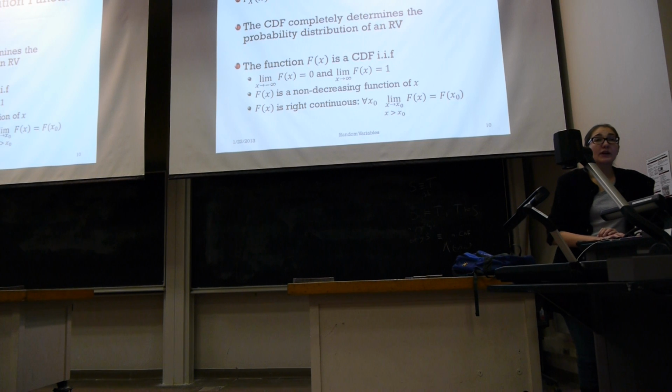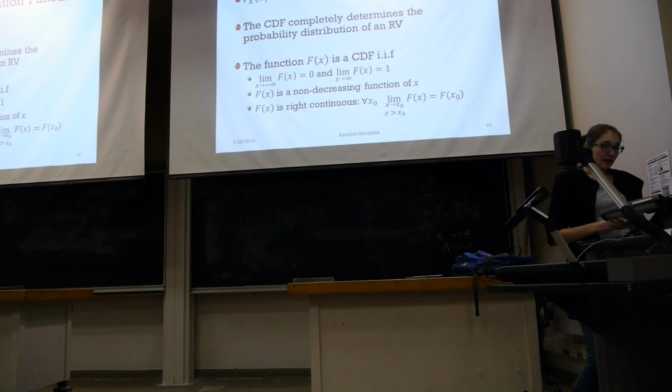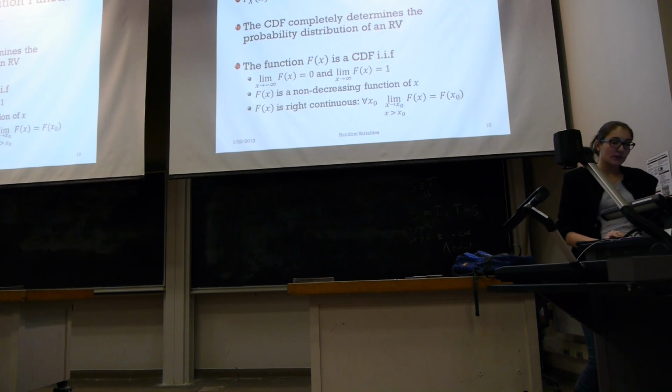So there are some properties to verify that a function f is a valid CDF. First of all, its limit to minus infinity has to be 0, and the limit to infinity has to be 1. So a CDF will always take values between 0 and 1, which is different than what will happen with a probability mass function. Now, it needs to be a non-decreasing function.